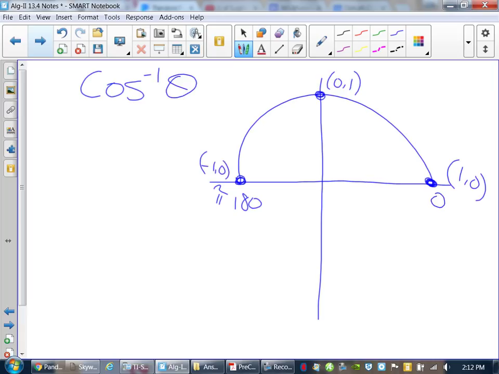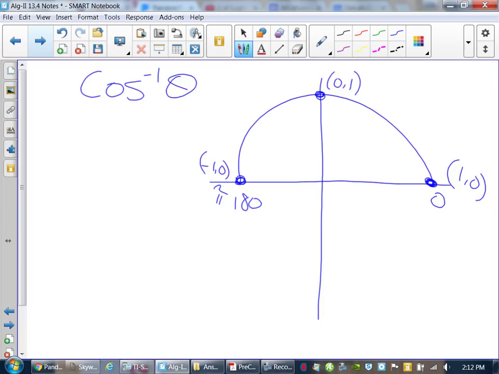Yes, ma'am? So if you take the inverse of sine and then negative root 2 over 3 or whatever, will you get the answer that you came up with to check it? What do you mean? Oh, if you take the sine of whatever angle you find, no, I mean of what they originally gave you.